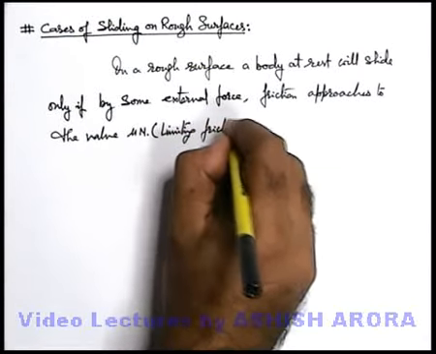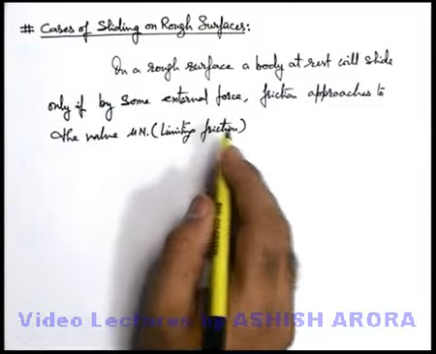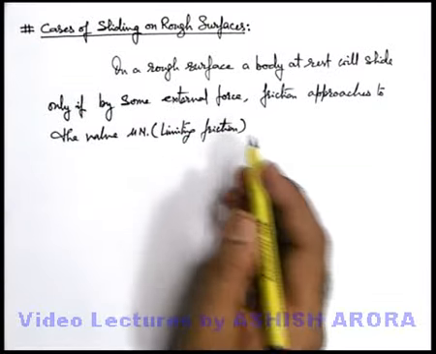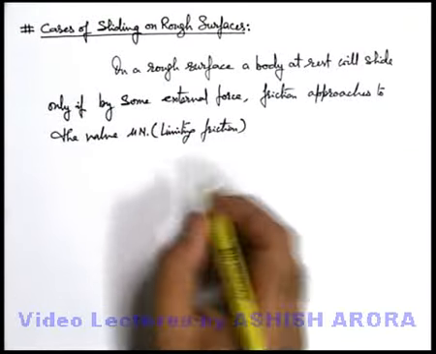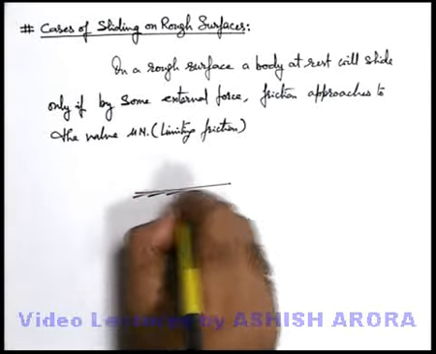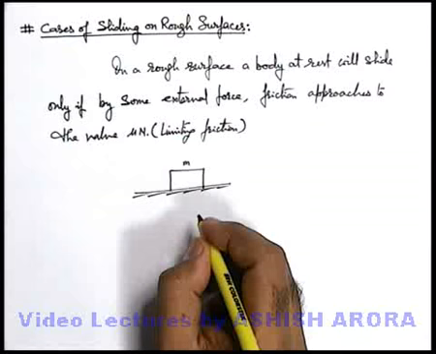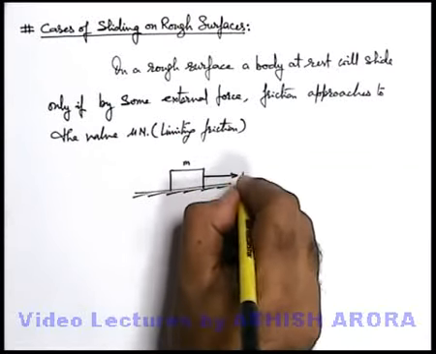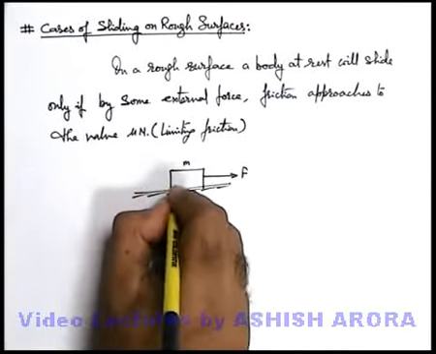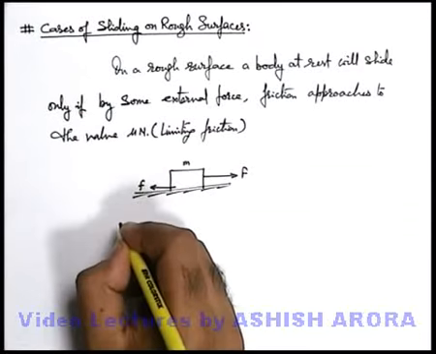We know very well that when an external force is applied, static friction appears, and if the force is increased, friction also increases. Like, say in case of a horizontal ground, if a block of mass m is placed and pulled with a horizontal force F, static friction appears over here.